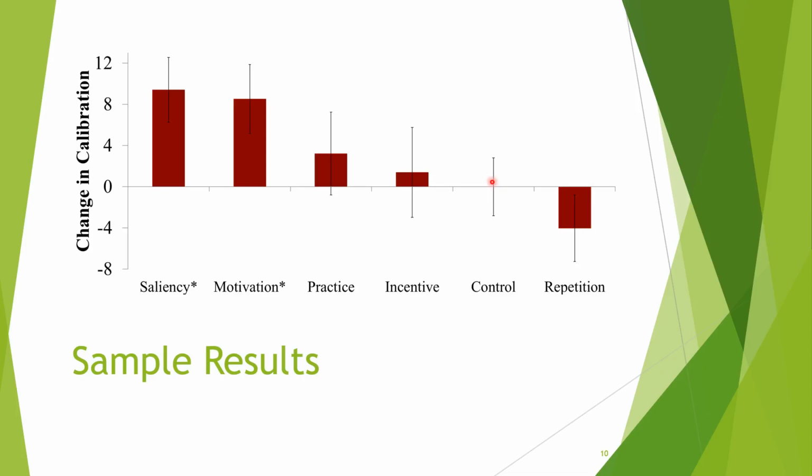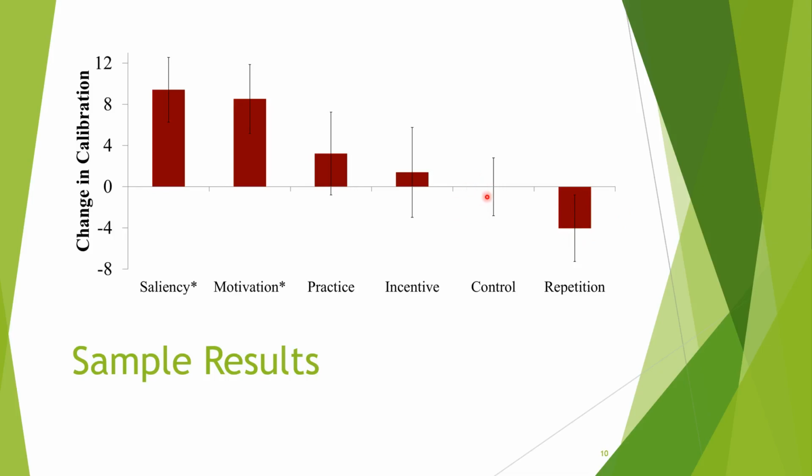So in actuality, in this study, people got a little bit less accurate or more accurate in their grade predictions between the first and the second test, and so we subtracted that out so that we would just look at the effect of the interventions. And you could see some interventions actually made people much better at making predictions, and this intervention made people worse at making grade predictions compared to the control condition.